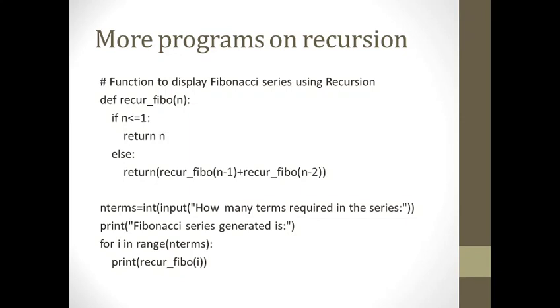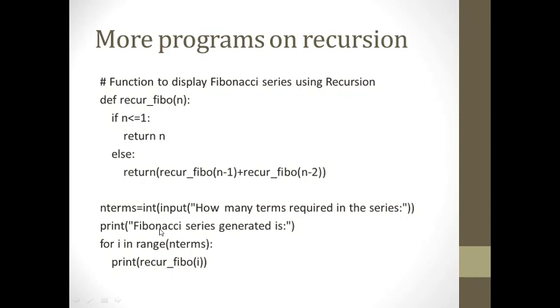This program takes the number of terms, meaning n terms, and determines the Fibonacci series using recursion up to that term. The Fibonacci series starts from 0, then 1, then 0 plus 1 is 1, then 1 plus 1 is 2, and so on.